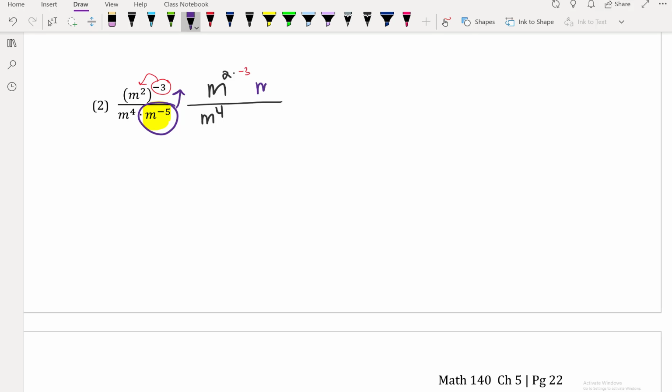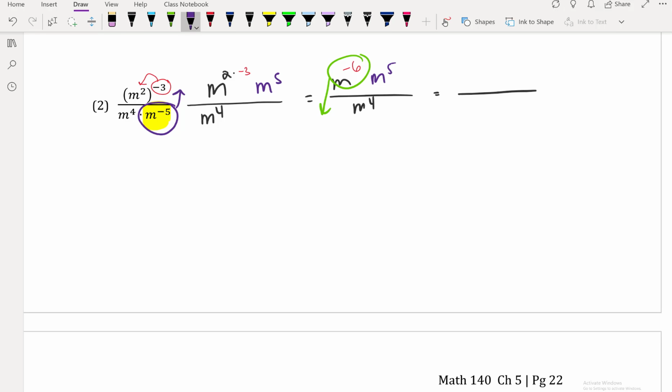That would be an m to the 5th power. So you end up getting m to the, now 2 times negative 3 is a negative 6, and I have an m to the 5th power and an m to the 4th power. But guess what? This m to the negative 6 is sad, it's in the wrong spot. So move it to the opposite side.